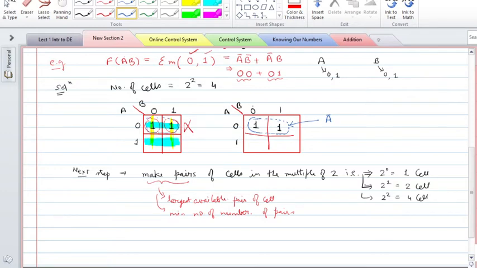Or you can say that the variable whose value is not constant, that variable is eliminated from the group. So the function is this one. So in this way, the given function, that is F of A B, equal to summation 0 1, can be written like this, and this is the minimized expression.